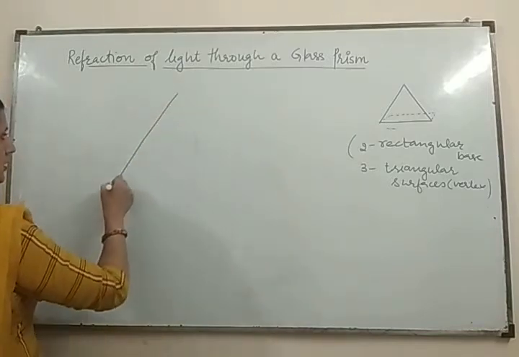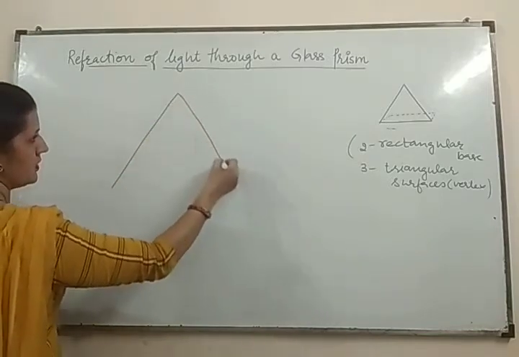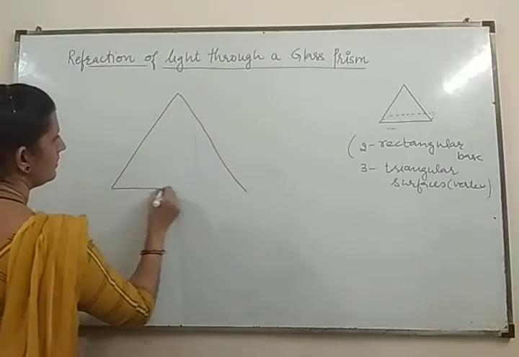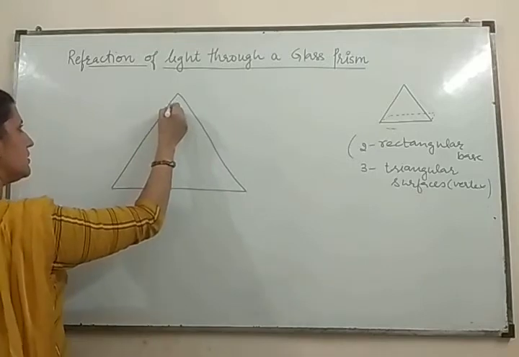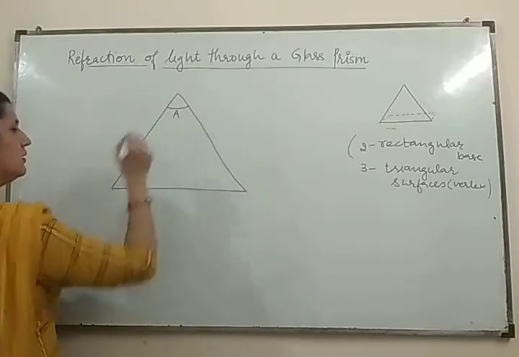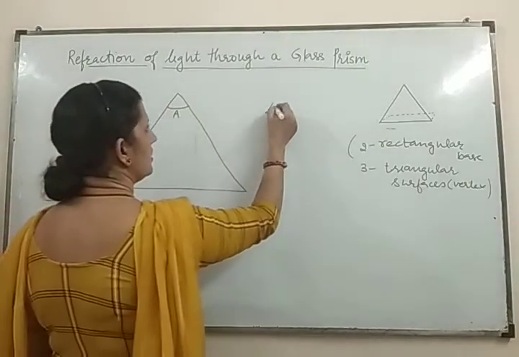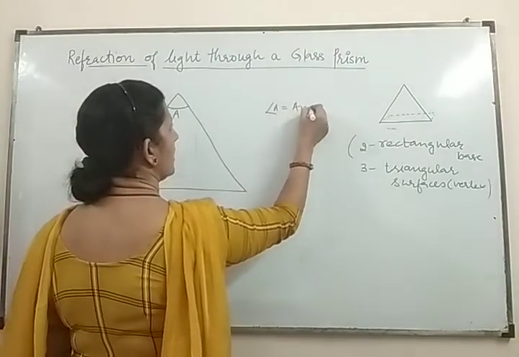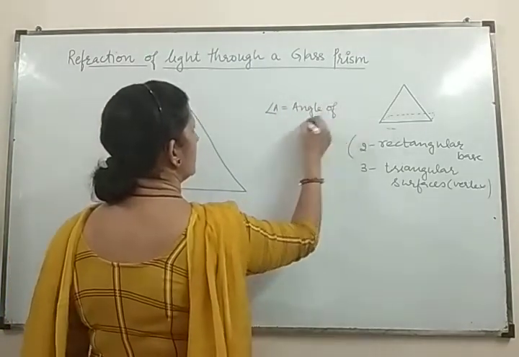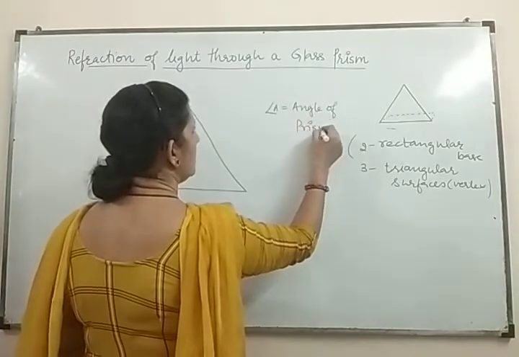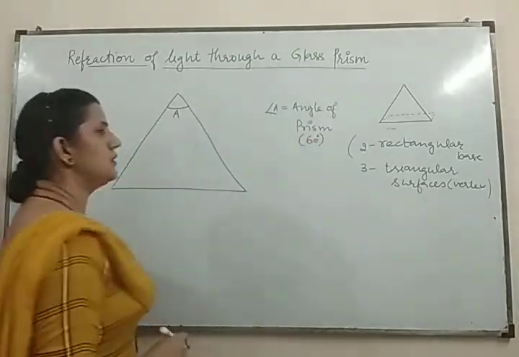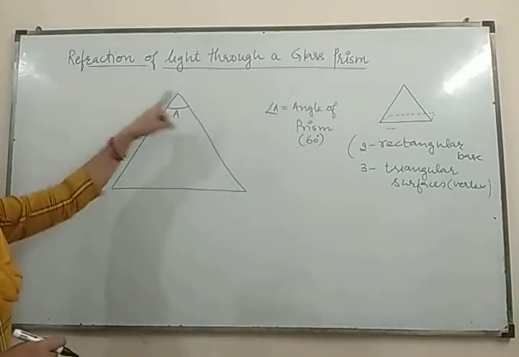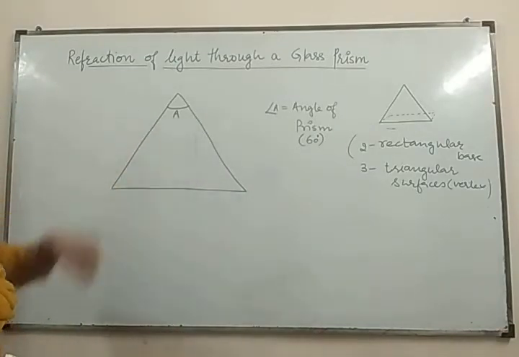I am drawing a triangular prism. You can draw in parallel. This is the triangular prism. Here is the angle A. This angle A is equal to the angle of prism. In most cases, this angle is approximately 60 degrees because this is like an equilateral triangle.